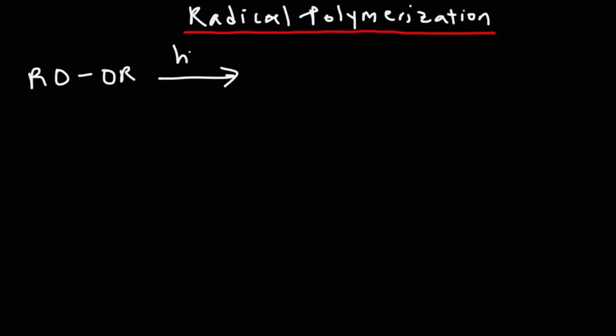If we apply UV light or heat, this bond that connects the two oxygens is going to break homolytically, generating two powerful radicals. Keep in mind, a free radical is basically a molecule with an unpaired electron, or an odd number of electrons. Now, this free radical is going to react with vinyl chloride.